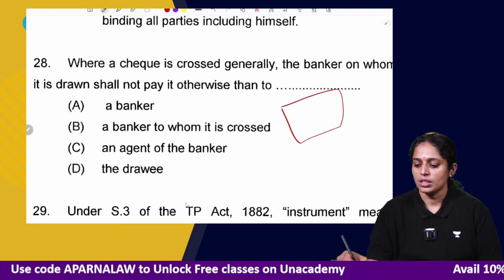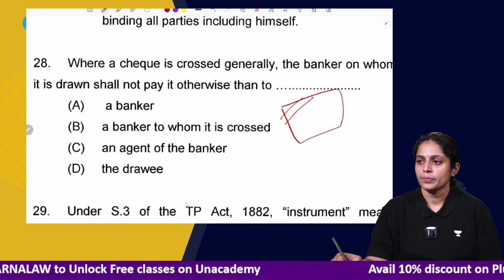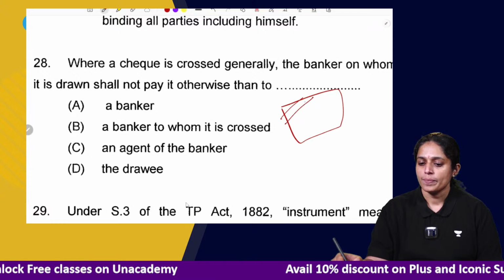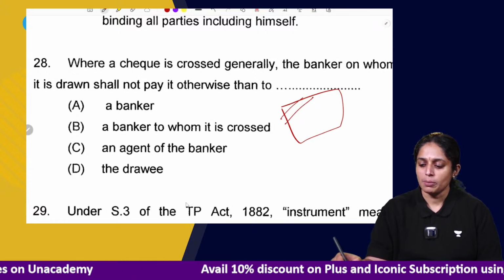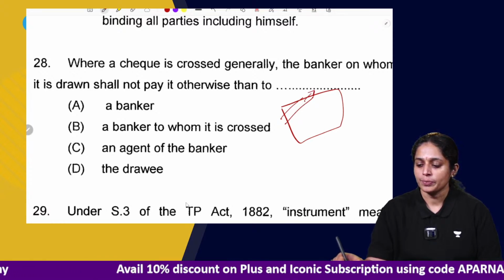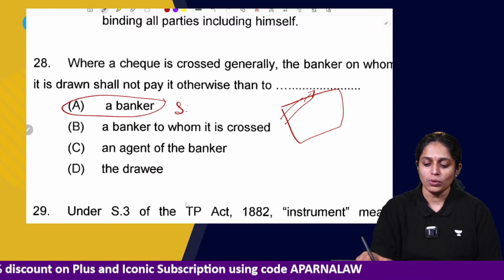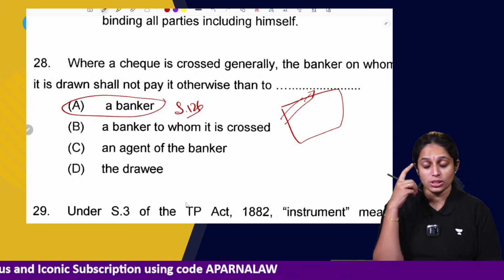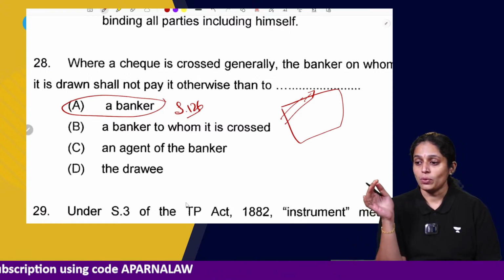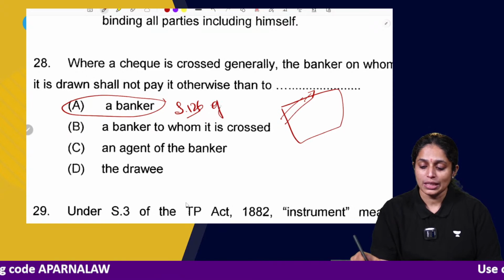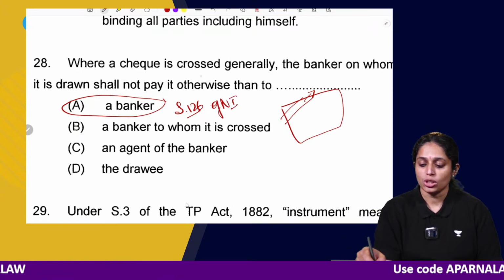When a check is crossed generally, it is payable only through a bank account. That's why, under section 126 of the Negotiable Instruments Act, which deals with general crossing, there is general crossing and special crossing, so many things.